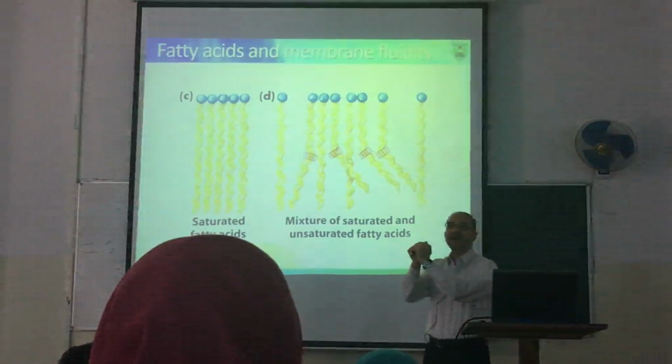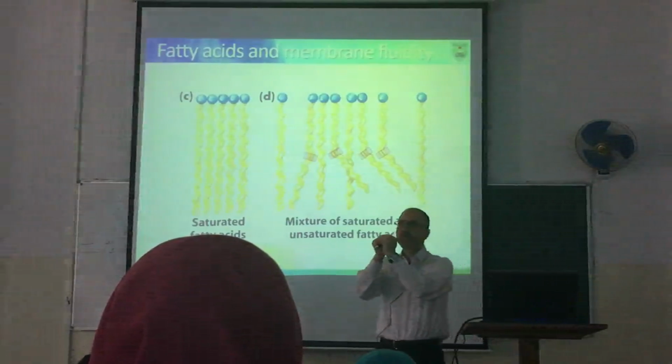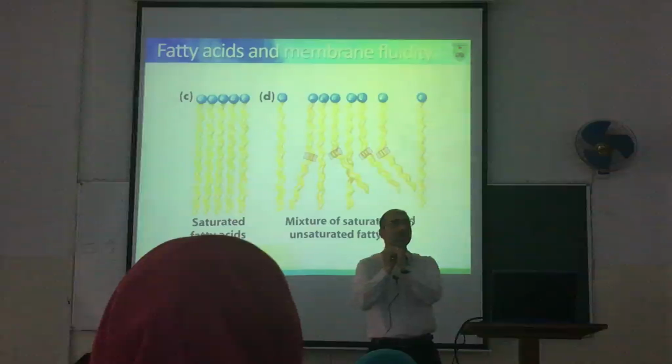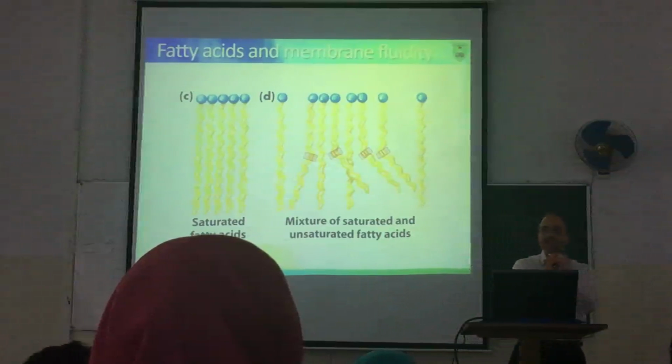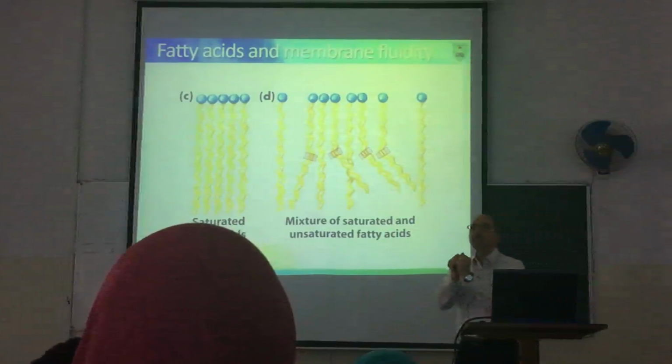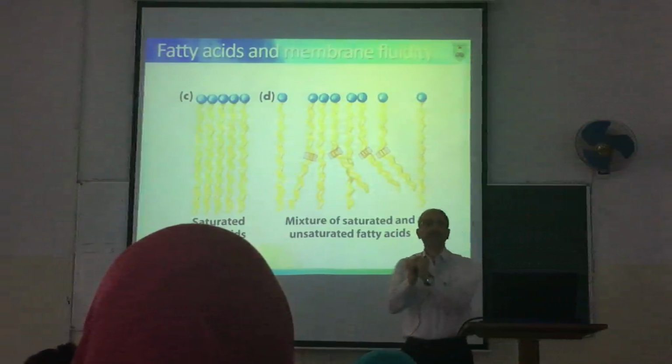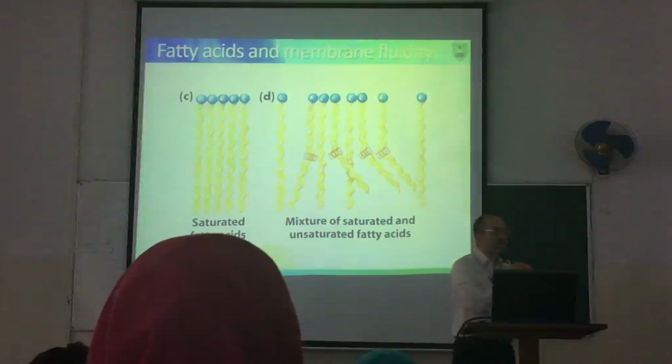They are highly packed, and as a result, the membrane is rigid. On the other hand, having unsaturated fatty acids as part of phospholipids makes the membrane fluidic, highly viscous.